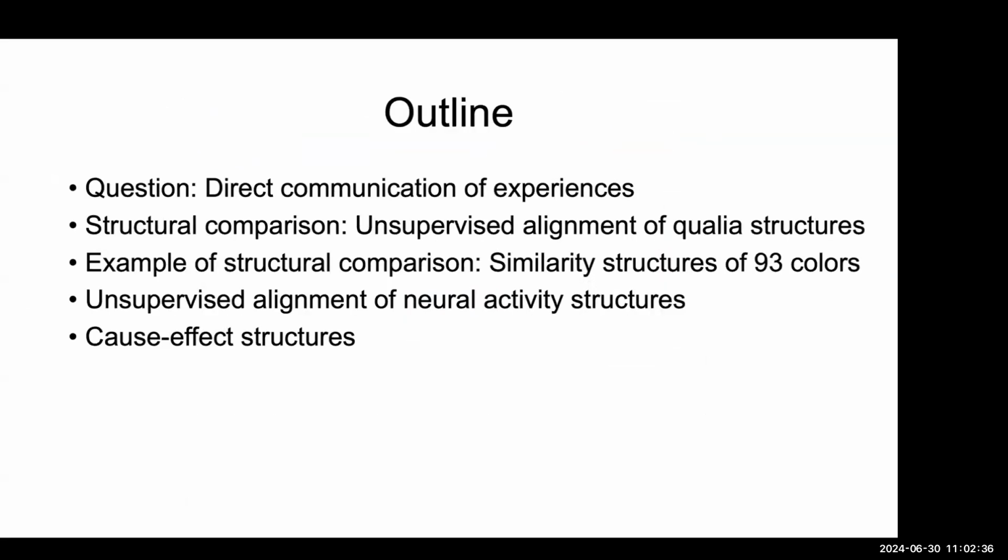I just proposed this theoretical exercise, direct communication of experiences, and there I introduced structural comparison and unsupervised alignment. Then I'll show you an example of a structural comparison, and then I'll move on to how to connect neural activity structures between different individuals. And lastly, I'll talk a little bit about the cause-effect structures.